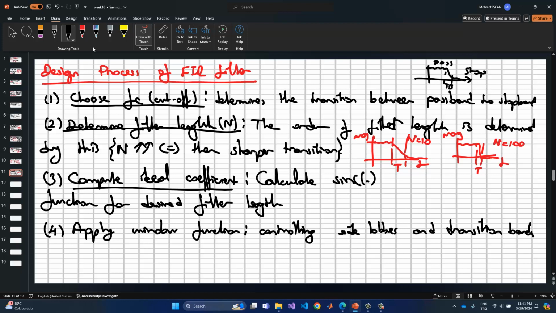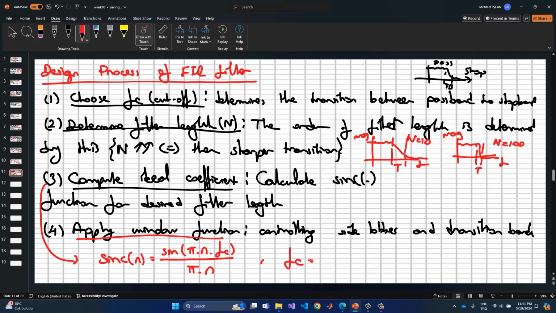For the selection of the sinc function in here, for the tree, we can select the sinc function as h[n] equals sin(n times pi times fc) divided by pi times n.